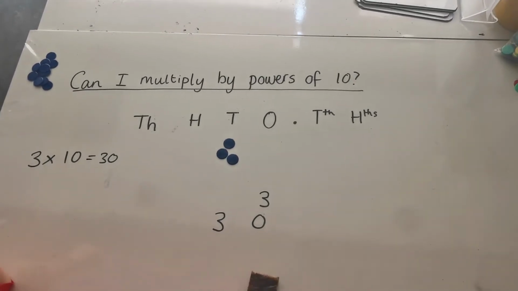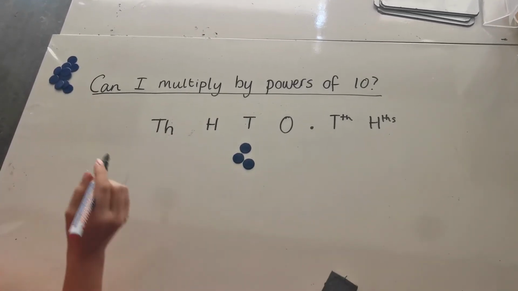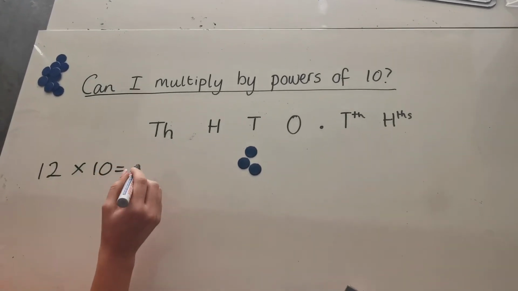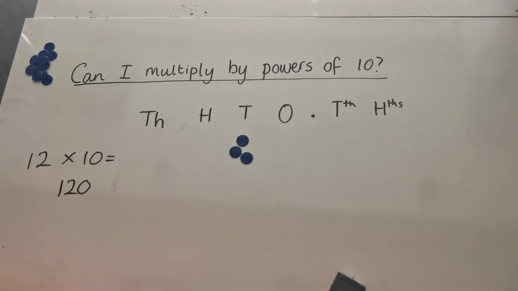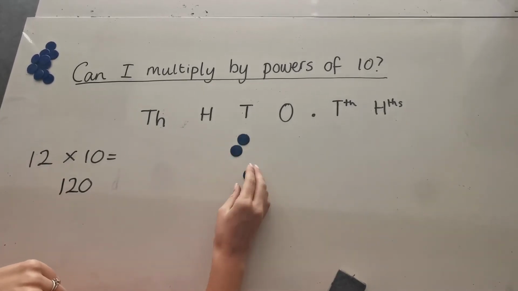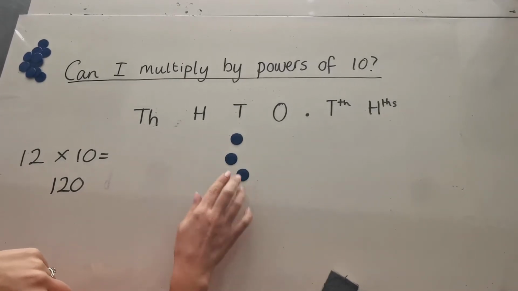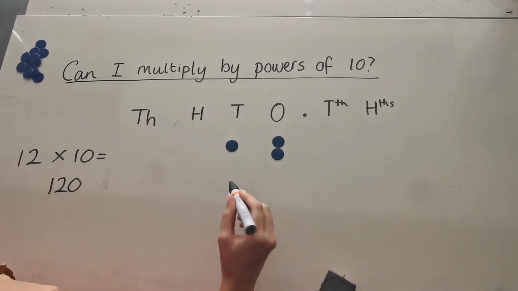What else do I know about multiplying by 10? I know that I can multiply a 2-digit number by 10. For example, 12 times 10. I know that that equals 120 because I know my 12 times table. In the place value chart, this looks like this: 1 10 and 2 1s.